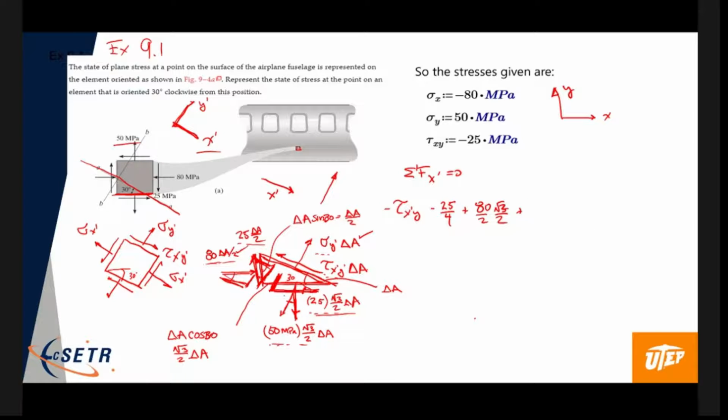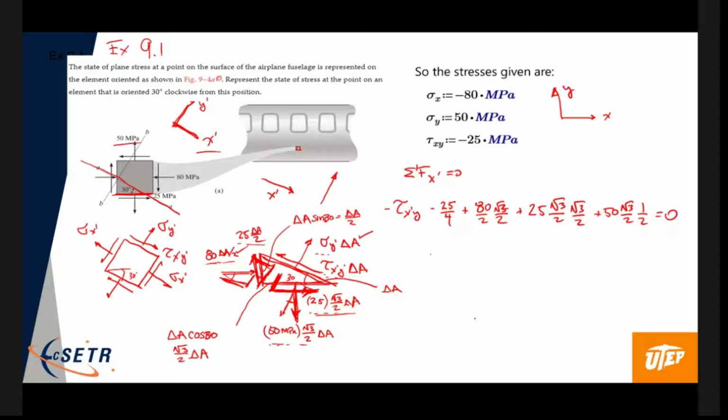The traction component on the bottom is this one going in this direction. That's a cosine, so it's 25 rad 3 on 2 times rad 3 on 2, and it's going in the positive direction. For this one, I get a sine, and it's 50 rad 3 on 2, going in the positive direction, so plus 50 rad 3 on 2 times 1/2 equals 0.